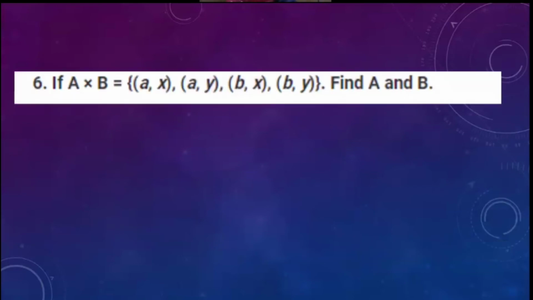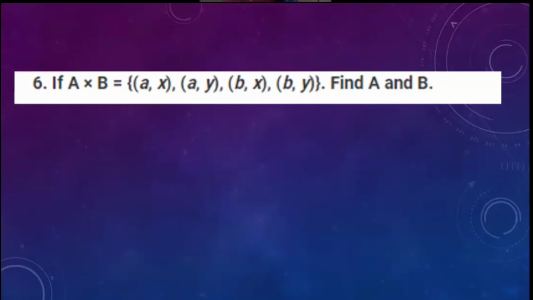Now see, in the sixth question they gave A cross B. That means the Cartesian product of A into B is given: ordered pairs AX, AY, BX, BY. They asked you to find set A and set B. As I told you previously also, in Cartesian products, in the ordered pairs, the first elements are from the first set and the second elements are from the second set.